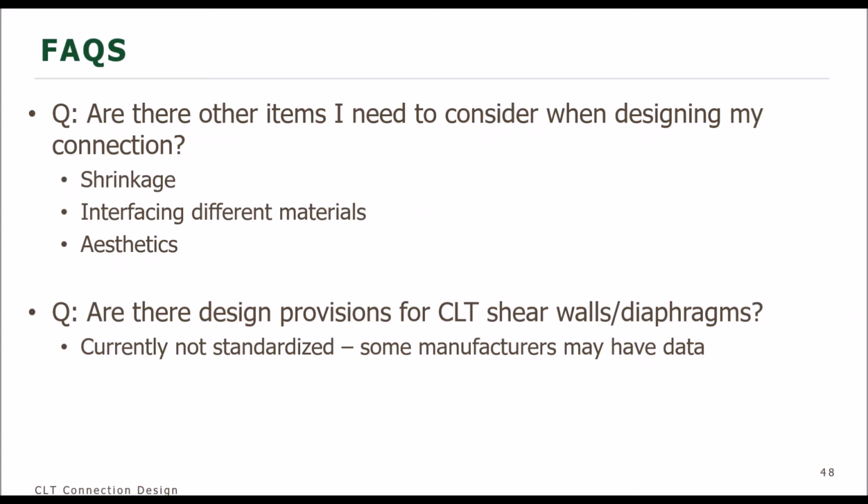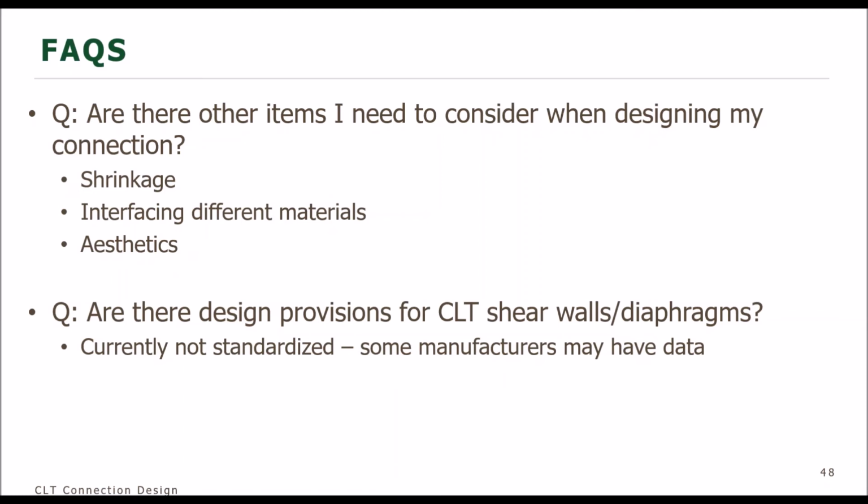And as with any timber connection, you need to consider shrinkage. So, don't ignore the perpendicular to grain movement of the wood fiber as it varies with moisture content. A lot of times designers are assuming that their material's getting delivered to the site with 15% or less moisture content. And oftentimes that's not really an appropriate assumption. So, talk to your manufacturer, see what is their typical moisture content at delivery. It may not be 15%.